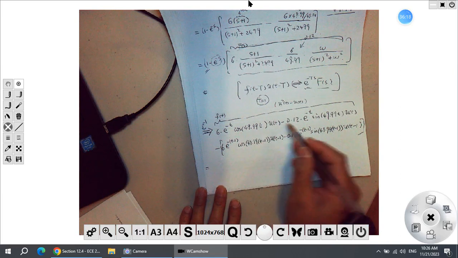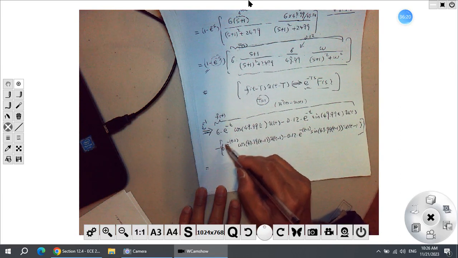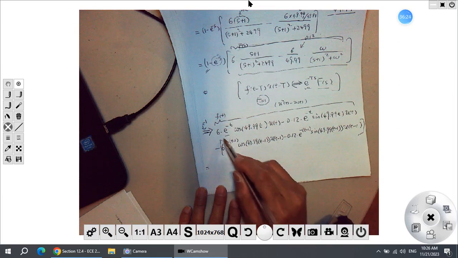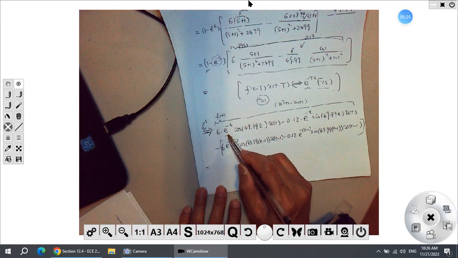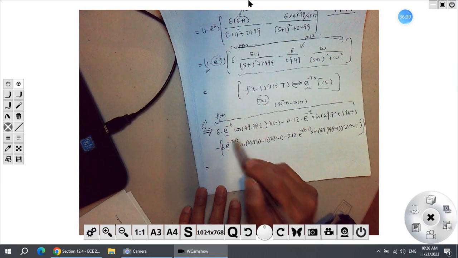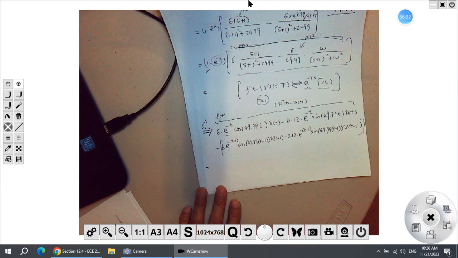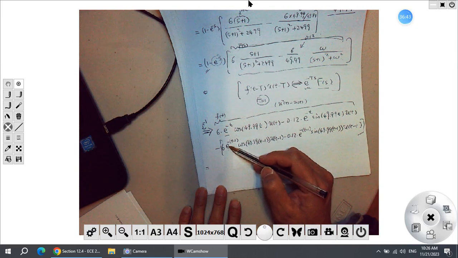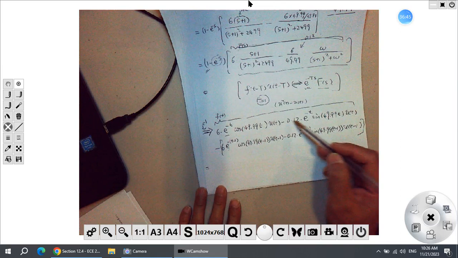Move this in the back. Then I have this one, and I put the e to the power, these 2 together. We have different ways to simplify, but even if I simplify, there's still, I think, 4 terms, right? These 2 same, but these 2 different.